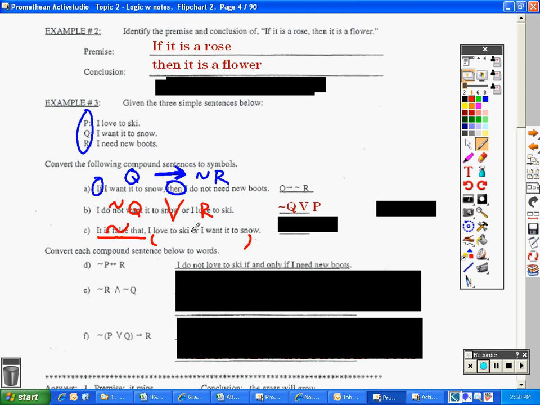I love to ski, which is P, or I want it to snow. So now we read it as, it is false that, this whole statement, I love to ski, or I want it to snow. And there you go, we got it right.